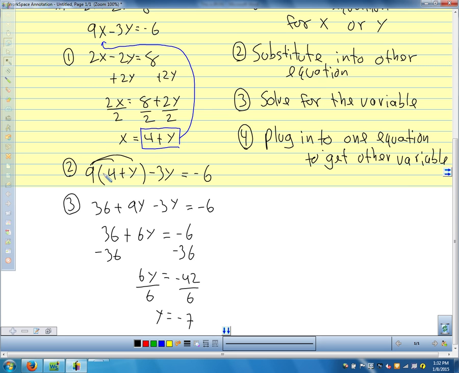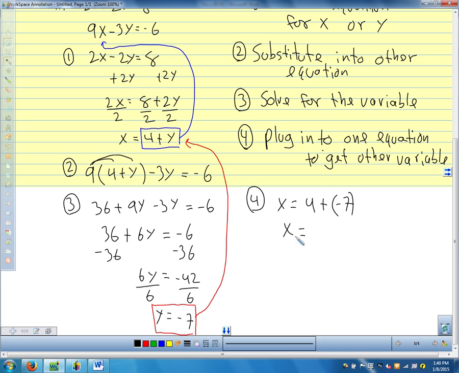And the easy one to plug into, I'm going to take this y equals negative 7, and we already solved this here: x equals 4 plus y. So here's my step 4. x equals 4 plus negative 7.